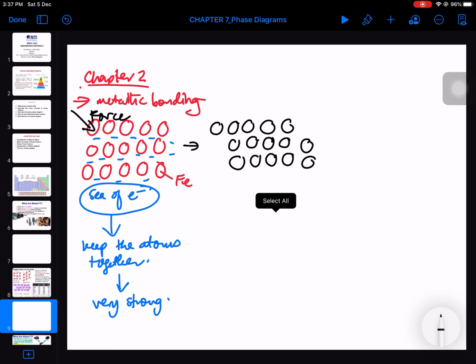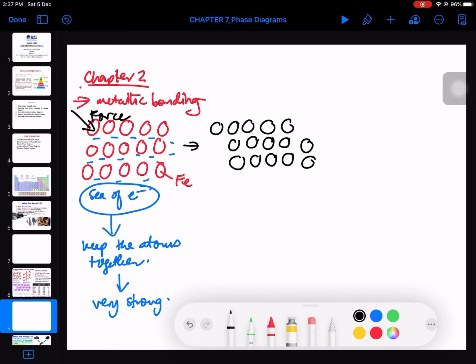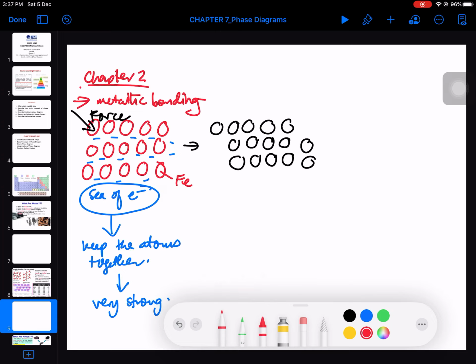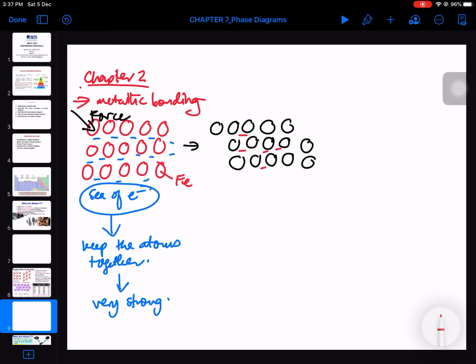Now, since the deformation has already occurred, because of the sea of electrons, it can still bind all the atoms together.